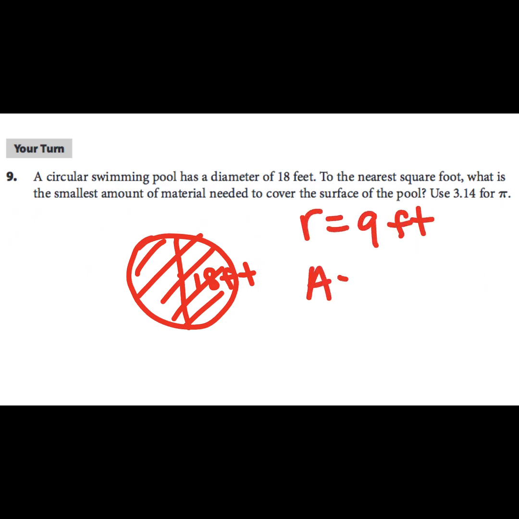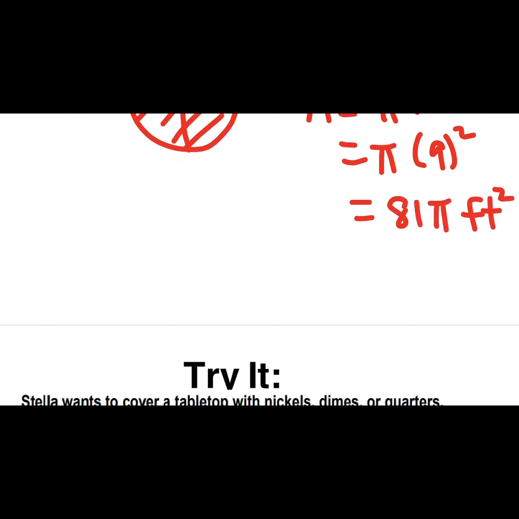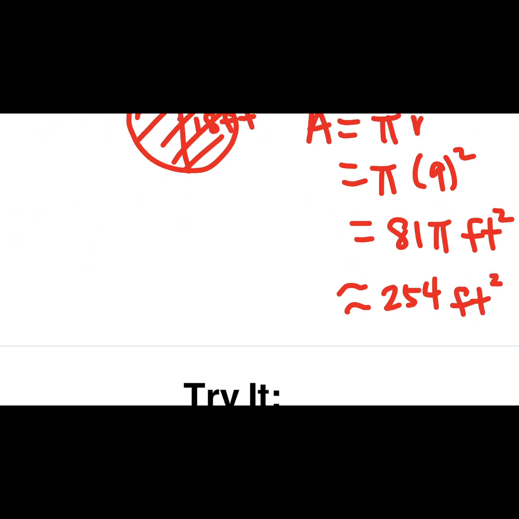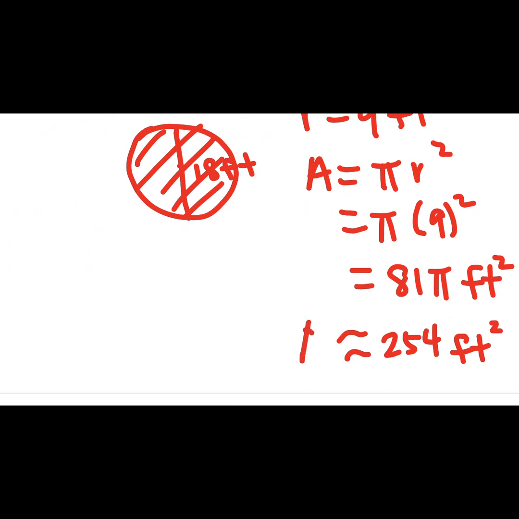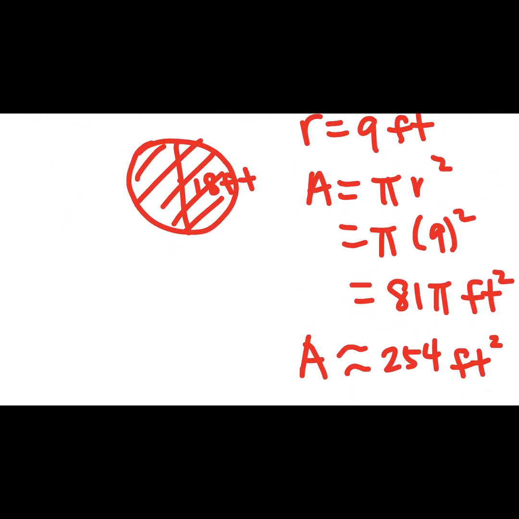And so using the area formula again, it's going to be pi times 9 squared, which will give us 81 pi, and that will be square feet. Substituting 3.14 for pi, you will have approximately 254 square feet for the area of the pool. And that is the end of the problem.